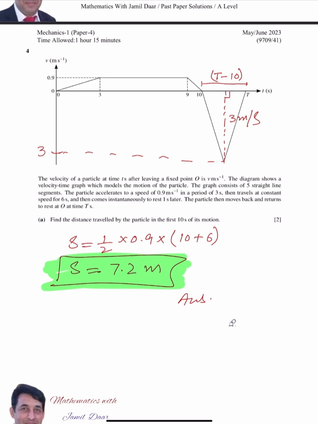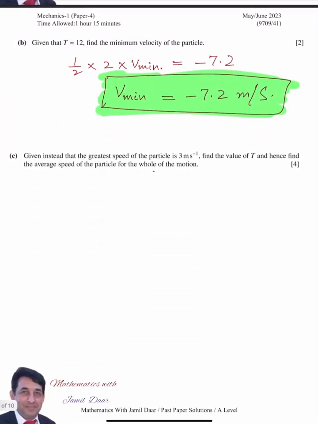Okay, so 1 over 2 into base (t minus 10) into height 3 is equal to 7.2. Now this is because of speed, so that would not be negative.